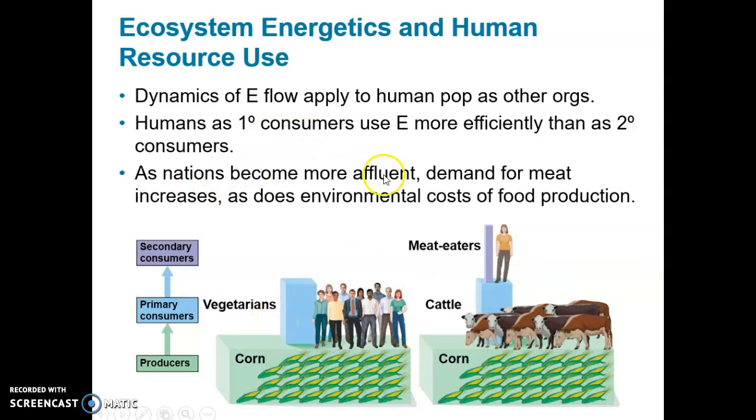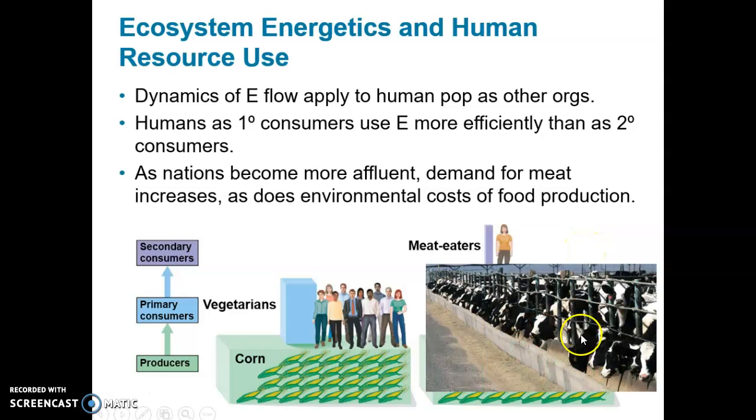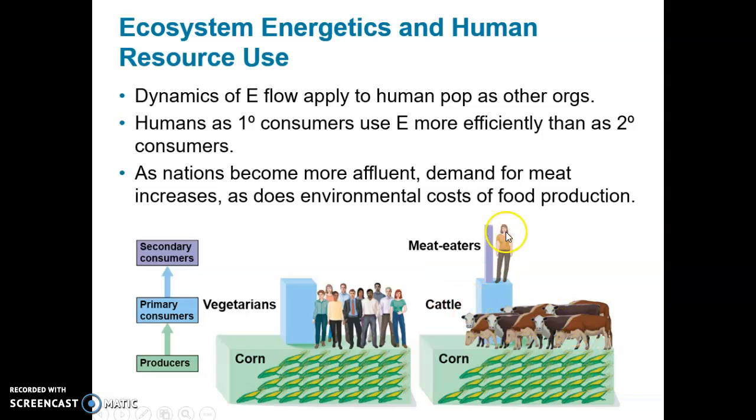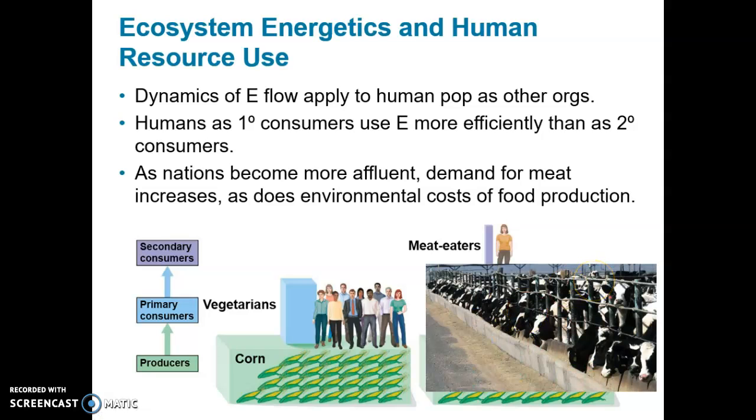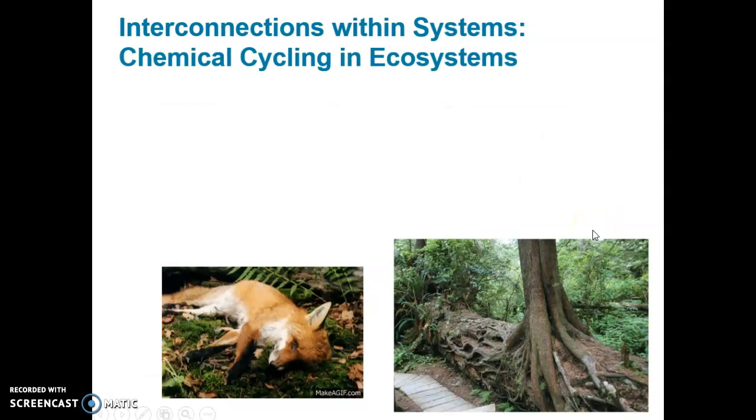So as the nations become more affluent, the demand for meat increases, and then, of course, there's the ecological costs of mega farms and food production. Growing cows, cattle, herbivores for human consumption is ecologically not the best thing we can do for the planet, for lots of reasons that we won't even get into in this class.